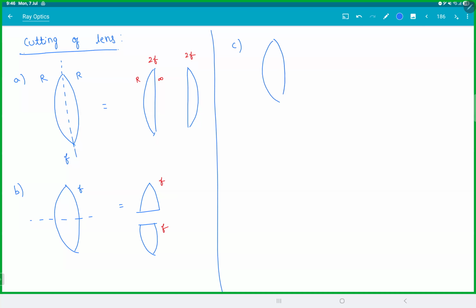Suppose if you take this, you cut into 4 pieces, and if you keep all the 4 pieces together, then what will be the focal length? Just now I told you, if you cut it vertically, it will become 2f. Horizontally, it doesn't change. If you keep all of them together, it will be 1 by 2f, 1 by 2f, 1 by 2f. It will be f by 2.